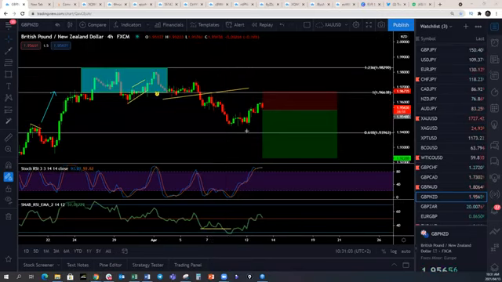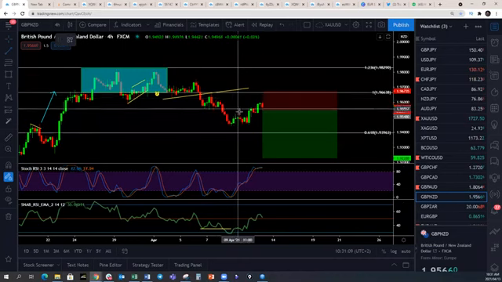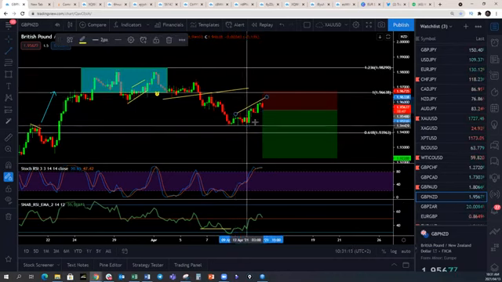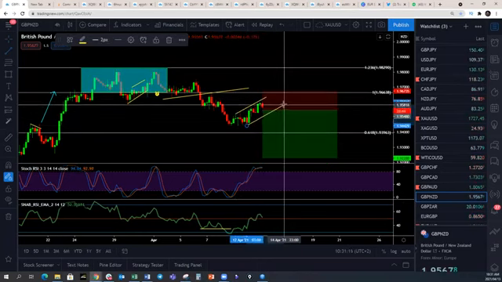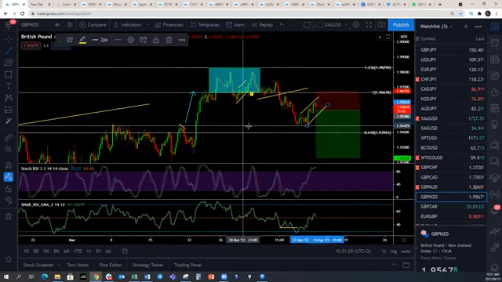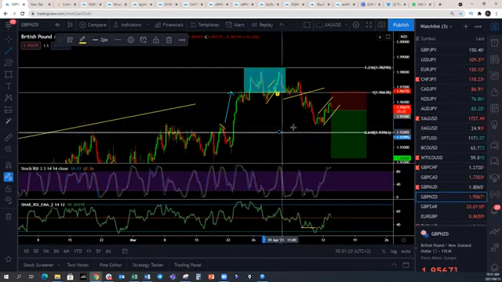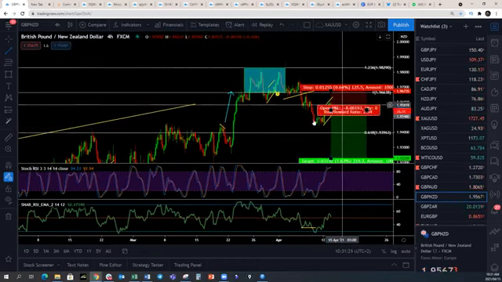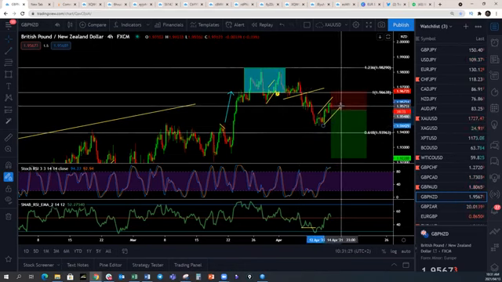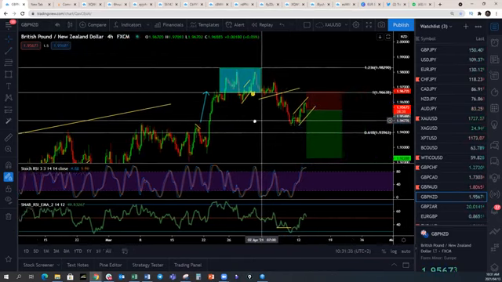So with pound New Zealand, it's the same trade, guys. These two pairs are correlated. What you want to do on pound New Zealand, because we don't have a blue box set up on this one, is wait for one 4-hour candle to close below the lower boundary of the flag.